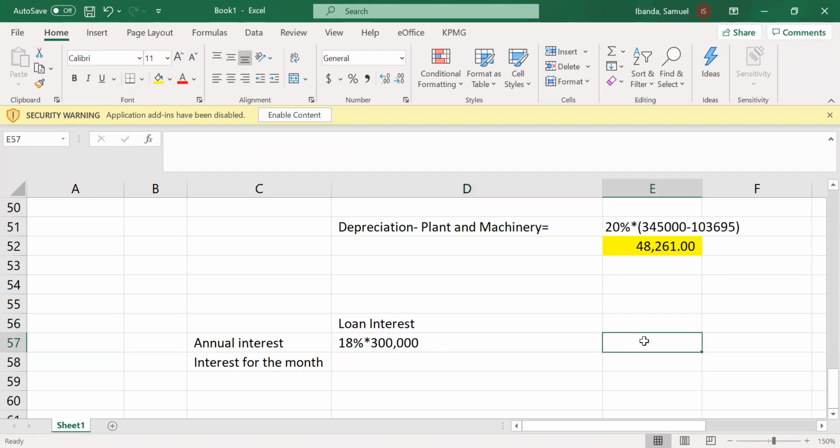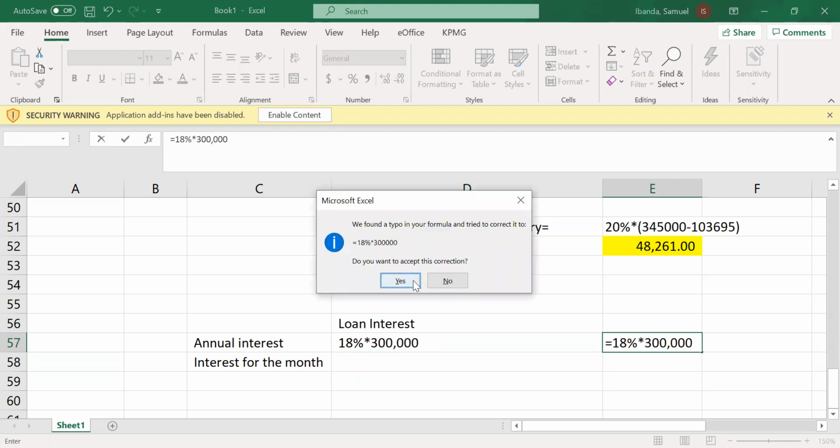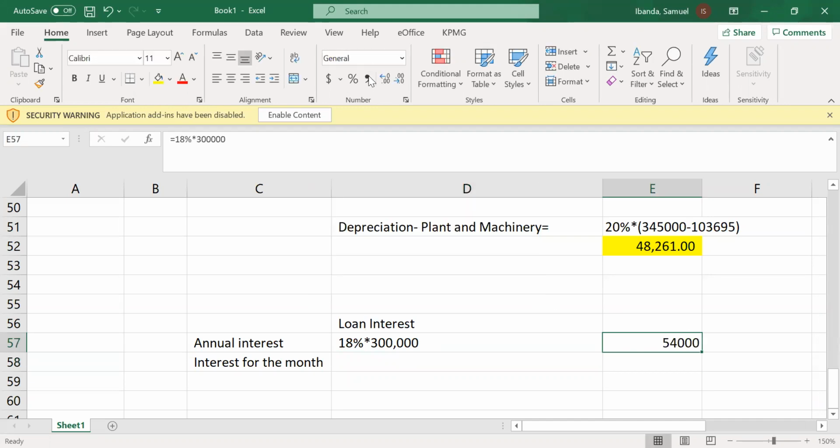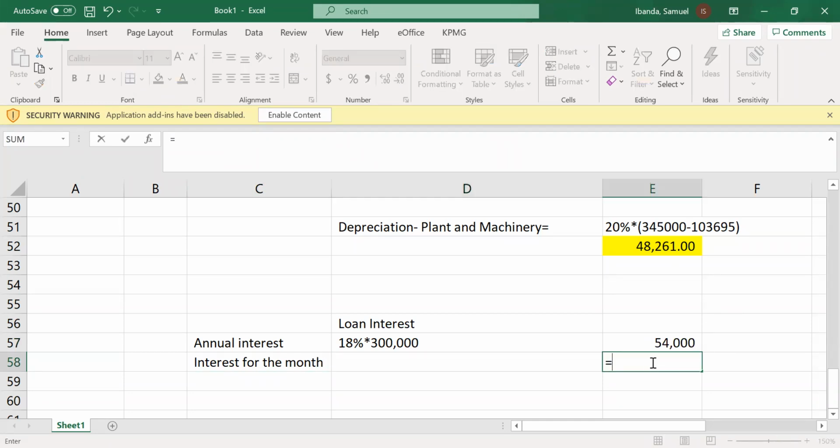Let me even get the answer here. 18% times 300,000. What do I get? I get 54,000. So this is my interest for which period? For the 12 months. So if I want interest for the month, I'll get this divided by 12. So this is my monthly interest.